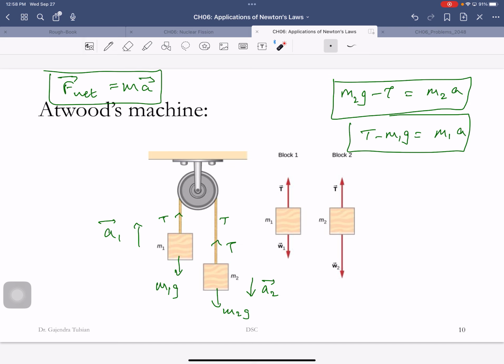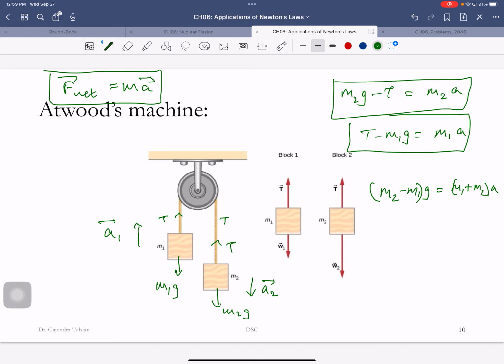Okay, so let's solve for the magnitude of the acceleration. We'll add the two equations, and I'll show you the point of this. You add these two equations, the tension will cancel. What you get is (m2 minus m1)g equal to (m1 plus m2)A.